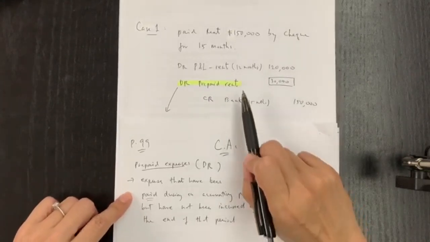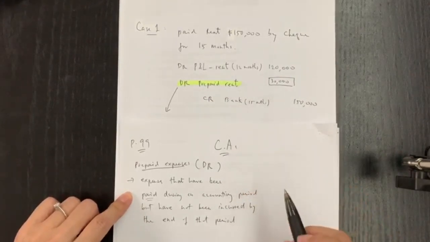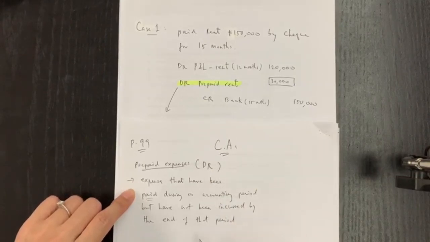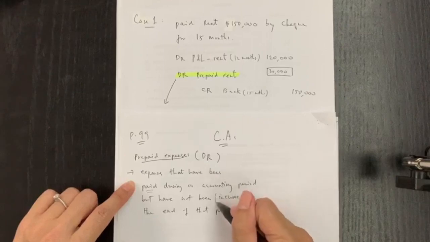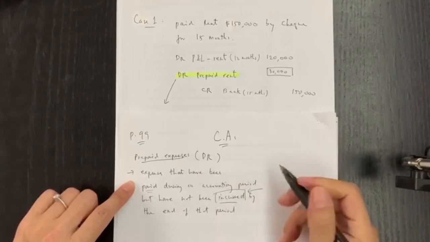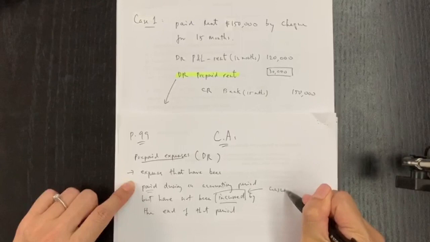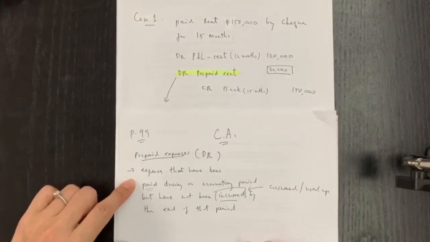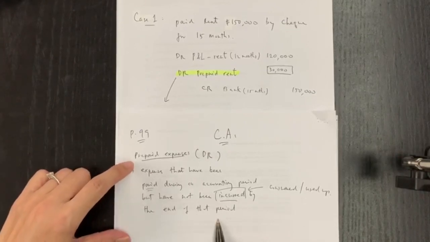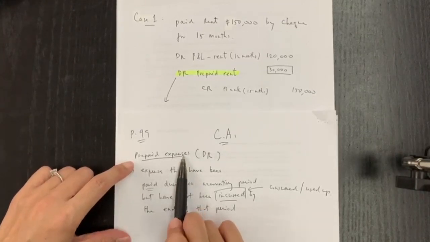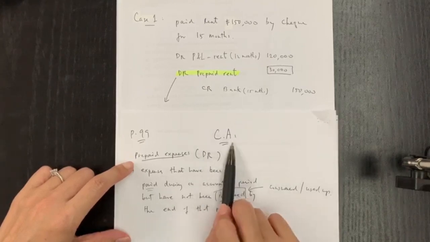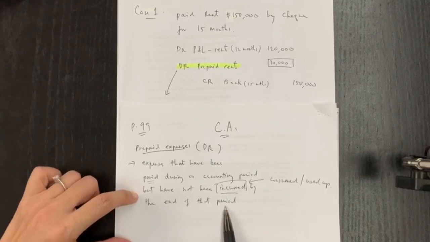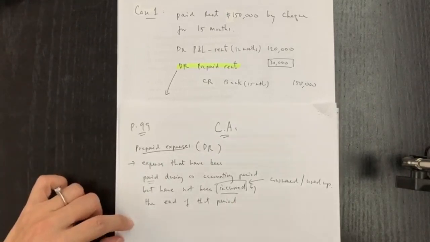So these 3 months we're paying too much, we carry forward as current assets in this accounting period. What is the meaning of incurred? That means not yet consumed, the same as not yet used up. So this is the new thing today. We have prepaid expenses, which is a debit item and a kind of current assets, and here is the meaning of current assets if you go to page 99.